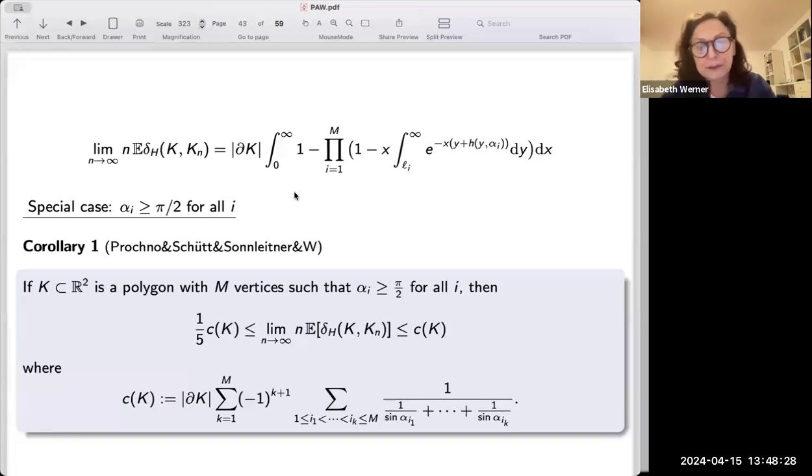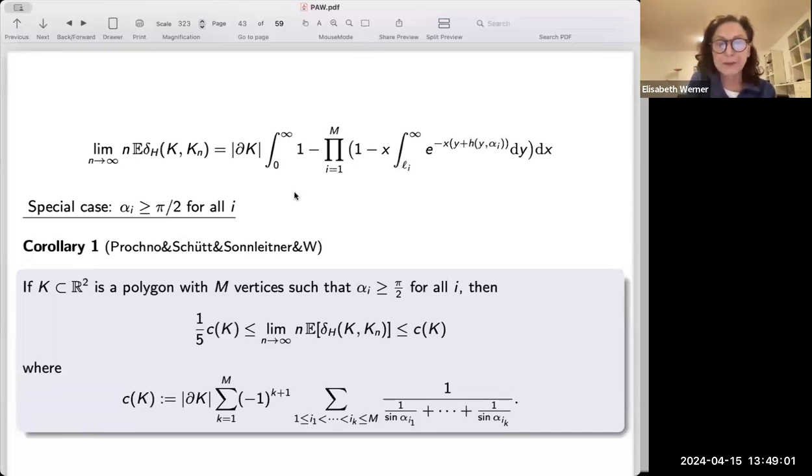So it's again the circumlength of the polygon, and then comes a summation, k goes from 1 to m minus 1, and then we get a sum over all possible choices, k-tuples of interior angles alpha i j, and we sum these sine expressions of the interior angles.